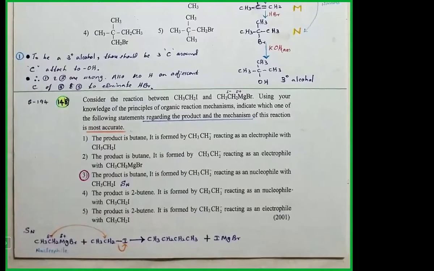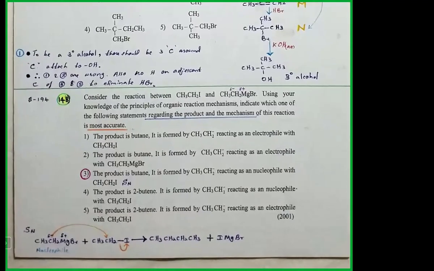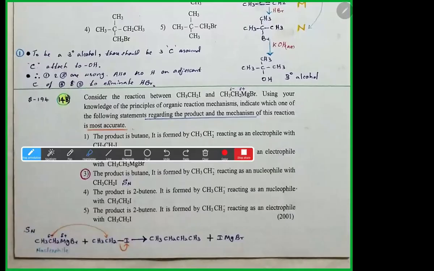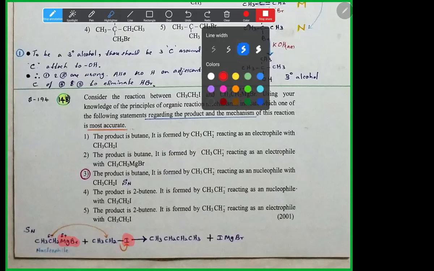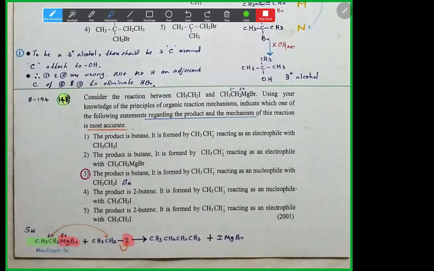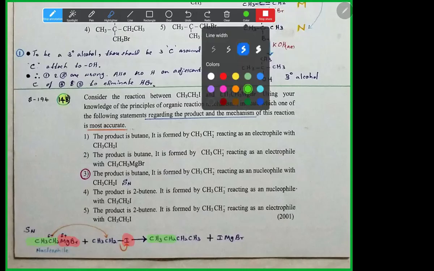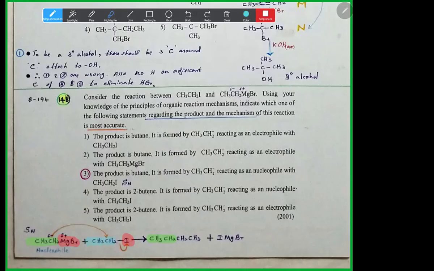And 48. Consider this reaction. This is a chain extension reaction. MgBr gets with this hydrogen so that this CH3CH2 is joining with this blue CH2CH3. Chain extension.